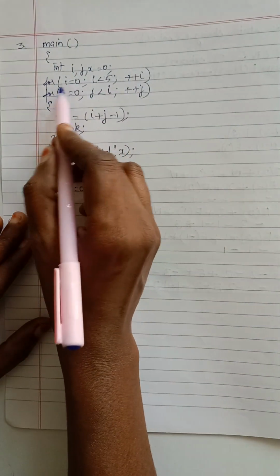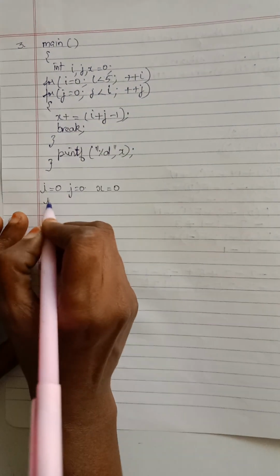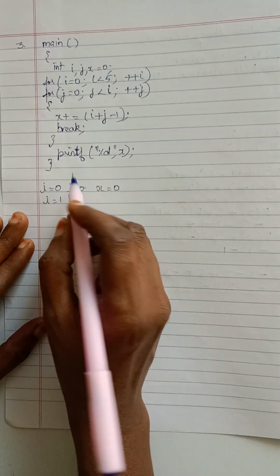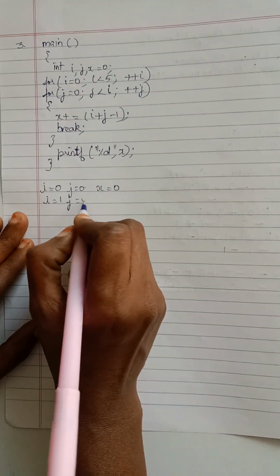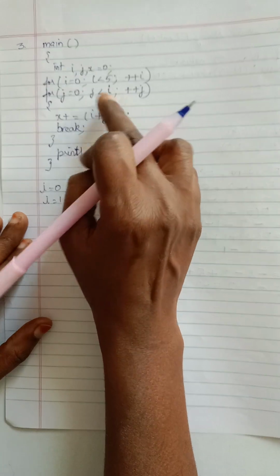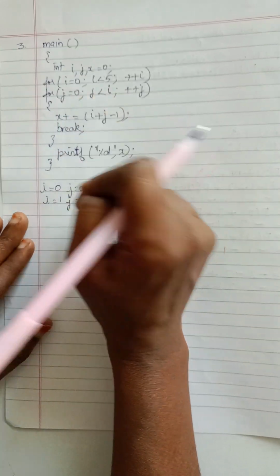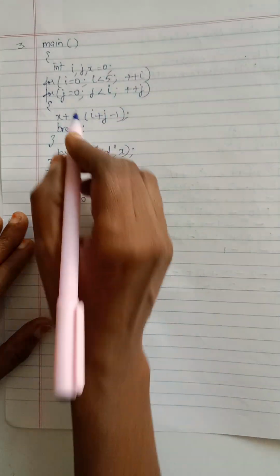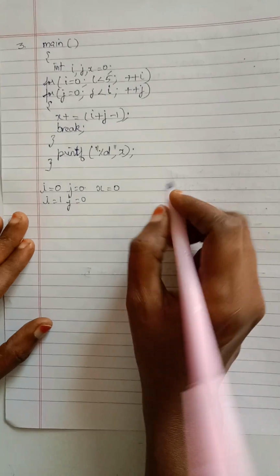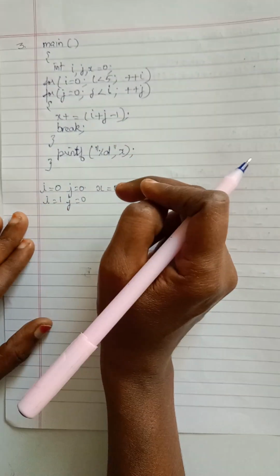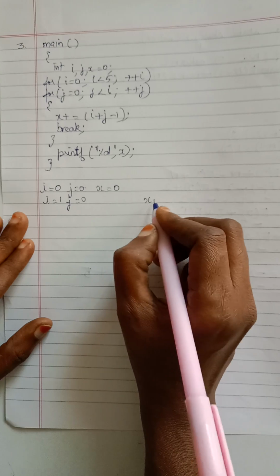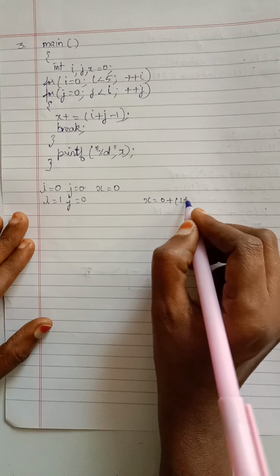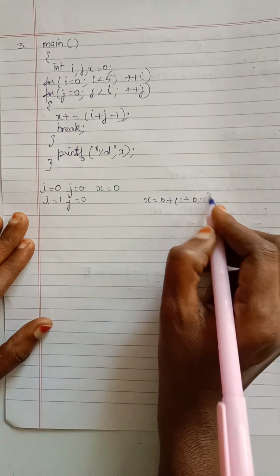Next i will get incremented, so i becomes 1. When we go to the for loop, now j will be 0. So j is less than i, as 0 is less than 1, so it will go inside this loop. What is the value of x? x is equal to x plus i plus j minus 1. x value is 0, plus i which is 1, plus j which is 0, minus 1.